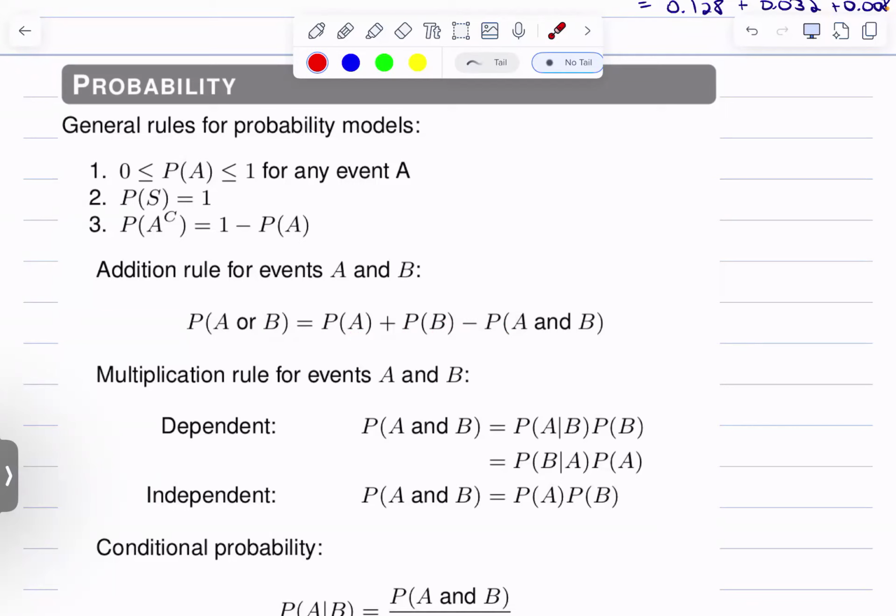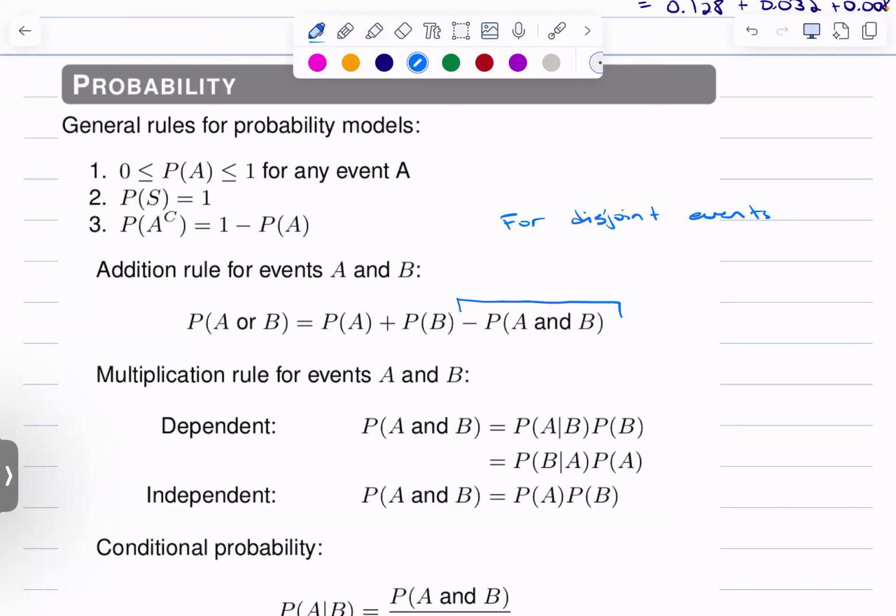No, it has to be one or the other. And so for disjoint events, which we sometimes call mutually exclusive, we've got this special case. You want to be aware of that symmetry.